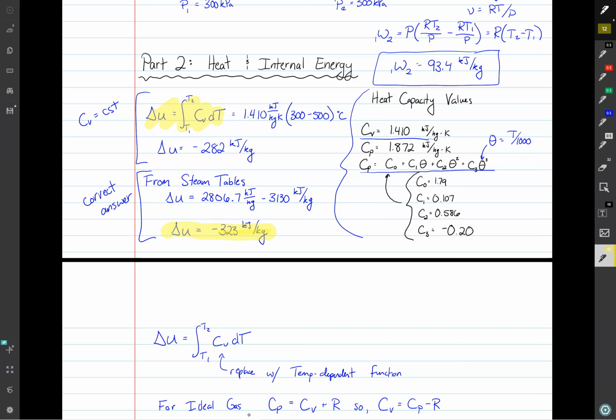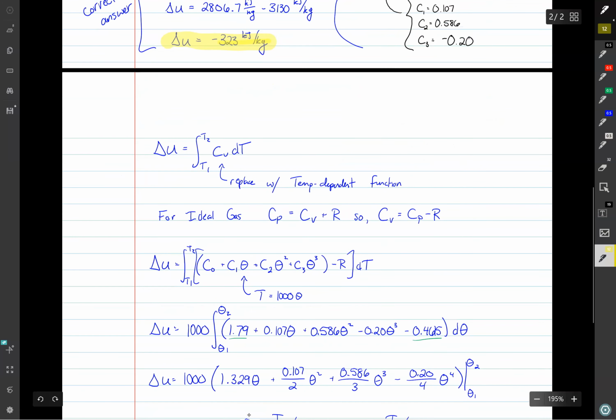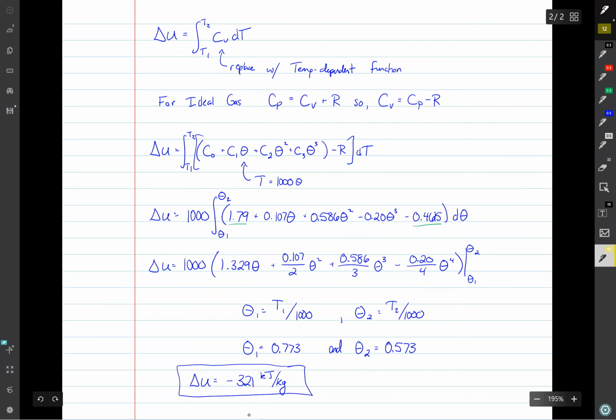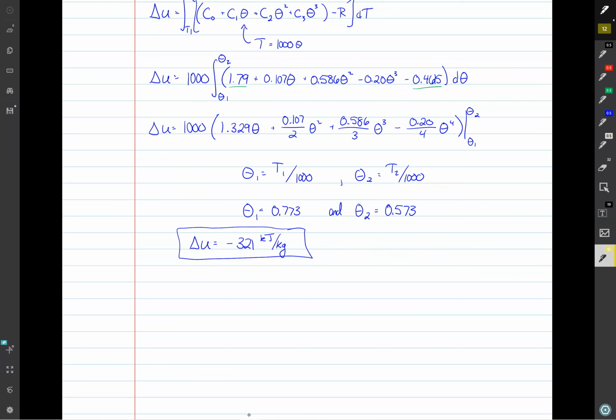The steam tables gave us the correct answer, negative 323. When we used a constant heat capacity, we got negative 282, so in the right ballpark, but certainly not the right answer. When we were able to actually go through the details, use a temperature-dependent heat capacity, then we got to a value of negative 321 kilojoules per kilogram, much closer to the actual true value for this problem.